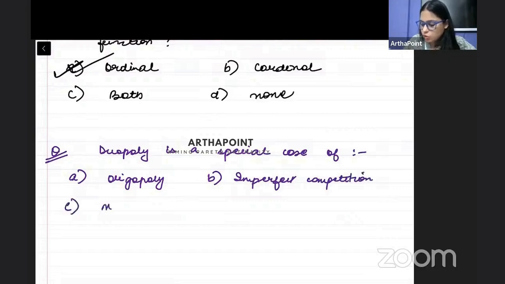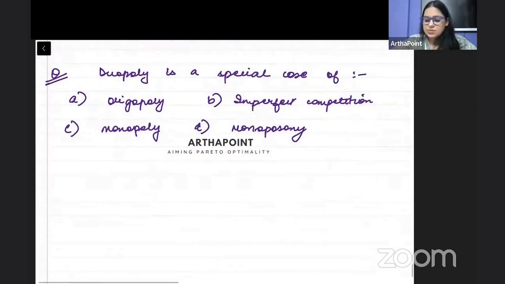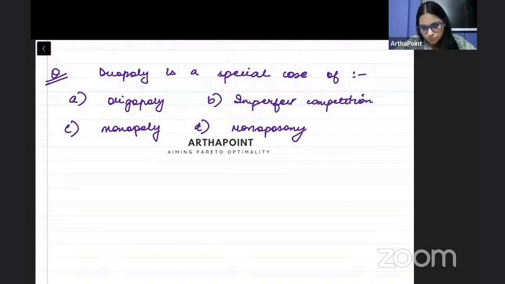Option number C, monopoly. Option number D, monopsony. Duopoly is a special case of, किस चीज में duopoly आता है? Does it come under oligopoly, imperfect competition, monopoly or monopsony?